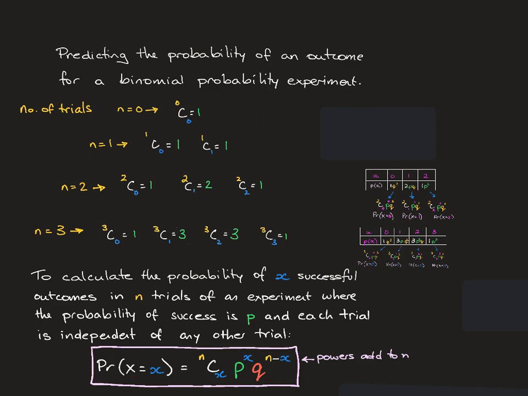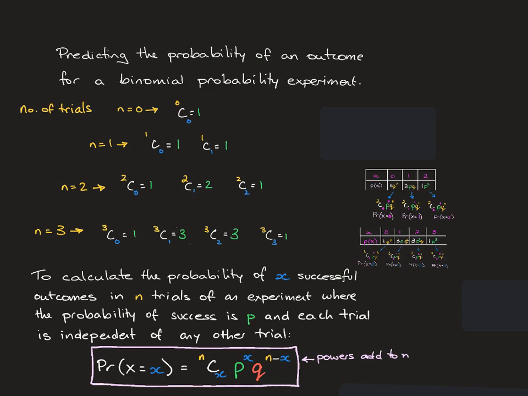The probability that X is equal to some particular number of successful outcomes is the number of trials in combinations with the number of successful outcomes. Your probability of success has to be raised to the power of X. So if you want 3 outcomes, you need 3 successes. And then your probability of a failure or not a success, a Q, is raised to N minus X, because these 2 powers have to add to N.